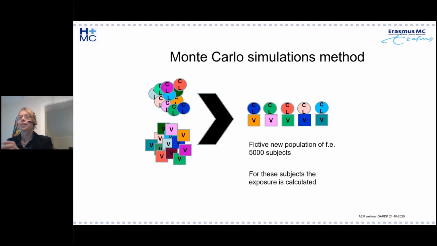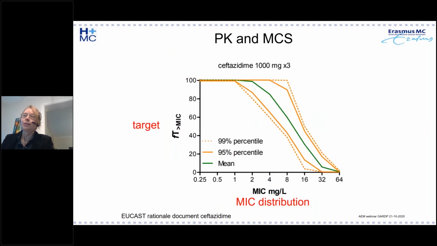Like you see here, you build up 5,000 new subjects randomly from all these parameters. For all these subjects, you calculate the exposure to the antibiotic. These exposures are compared with the targets that John was talking about in the first part of the talk.